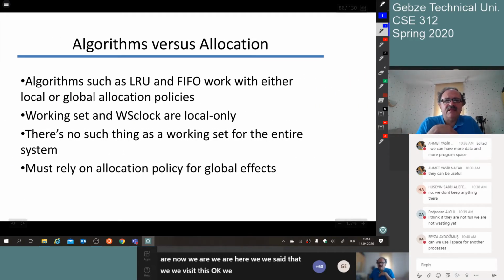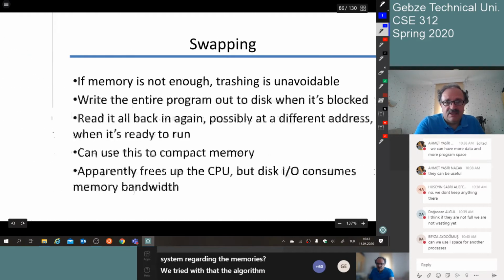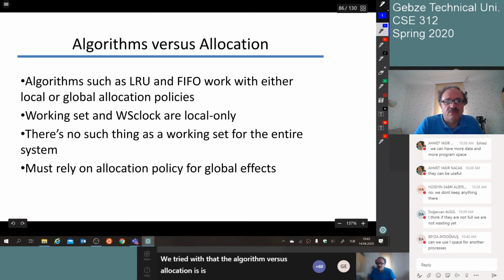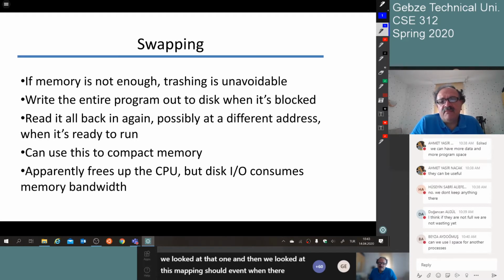We are looking at the design issues of the operating system regarding memory. We first looked at the algorithm versus allocation: is this something local or global? Then we looked at swapping. When the page fault rate goes so high, maybe I should swap the whole process to the disk.